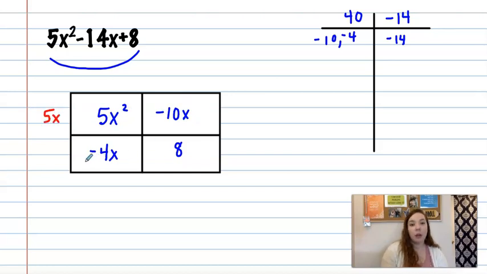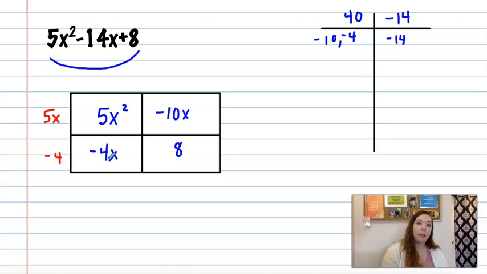And then for this row, negative 4x and 8, the greatest common factor is negative 4. If at all possible, we want our x term to end up positive. So if I have negative 4x, I'm going to pull out a negative 4 instead of a positive 4 so that it ends up being positive on the other side.